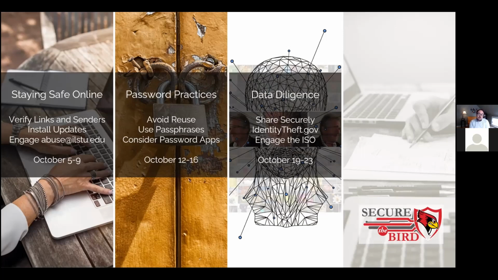We also touched on identity theft in particular, because when data is breached or lost, it often will lead to identity theft. I have a topic I want to cover in this brief webinar that raises awareness of a particular kind of identity theft we're seeing right now. And then again, emphasis on engaging the ISO when you can.